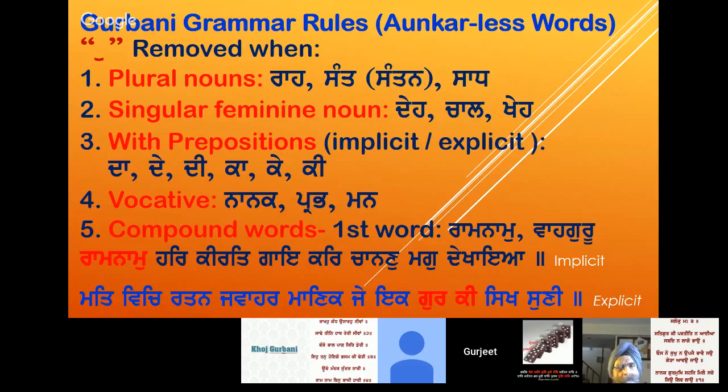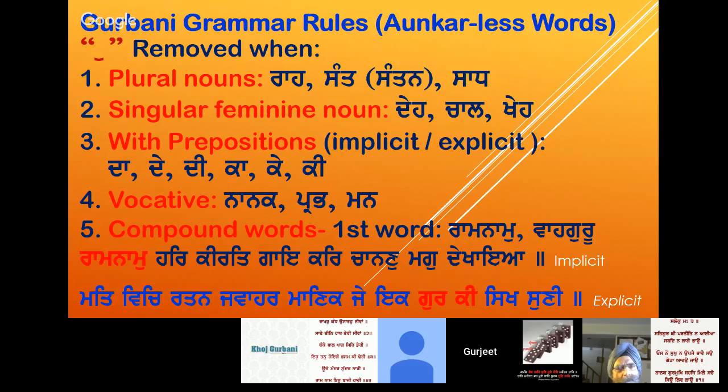Then Nanak, Prabhupada, they are singular, but they don't contain an onkar because of the rules. In the first part of compound words like Ram Nam, there is no onkar on Ram because Ram Nam is a compound word. Same way Vahguru is also a compound word. In this case, there is no visible onkar there on Haha.